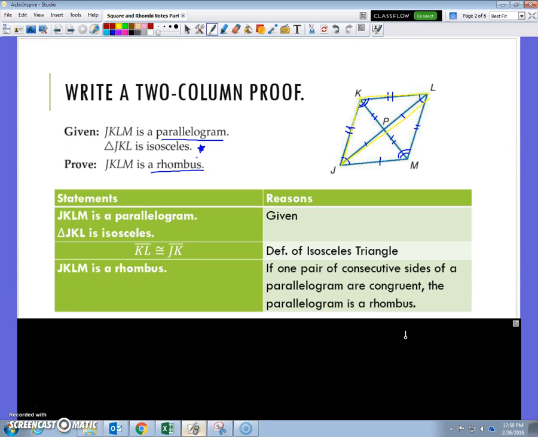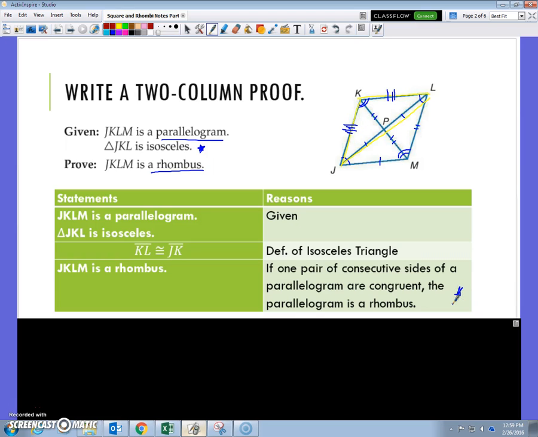So our options were to show that two consecutive sides were the same, show that our diagonals are perpendicular, or show that our vertex angles are bisected. Those were our three choices this time. I cut right to the chase: if I know that this is a parallelogram and there are consecutive congruent side lengths, then I know for sure it must be a rhombus. And this is that theorem that we talked about.